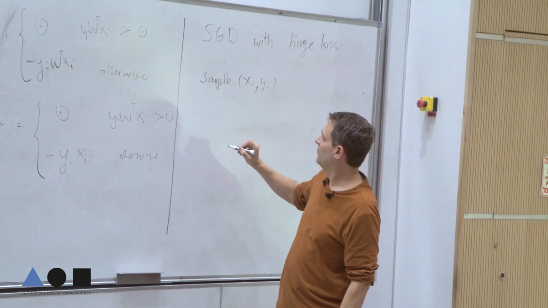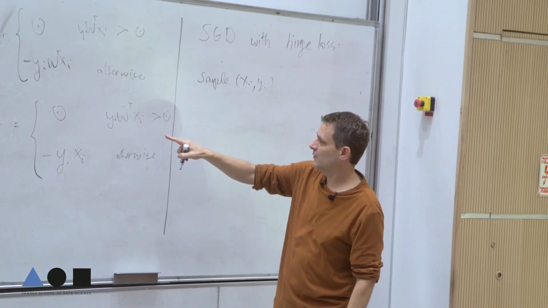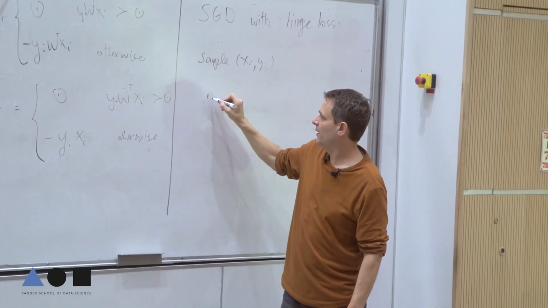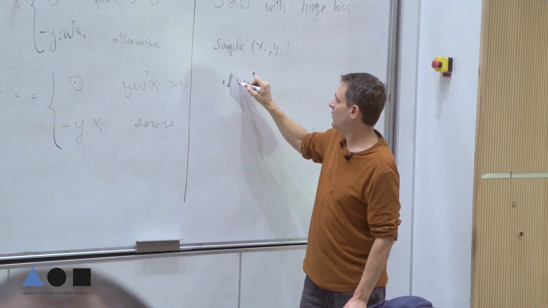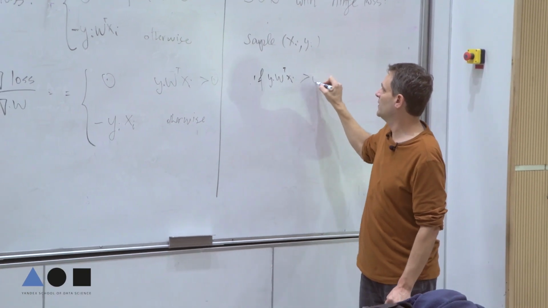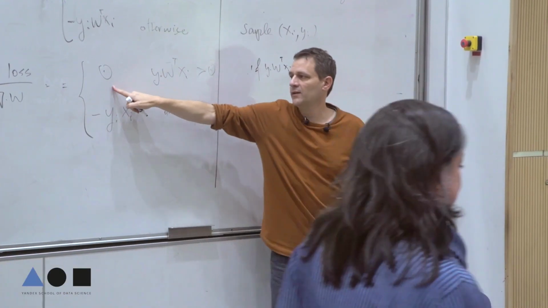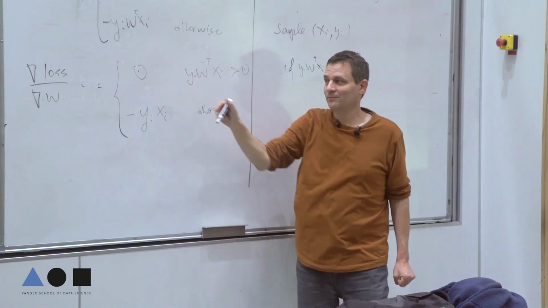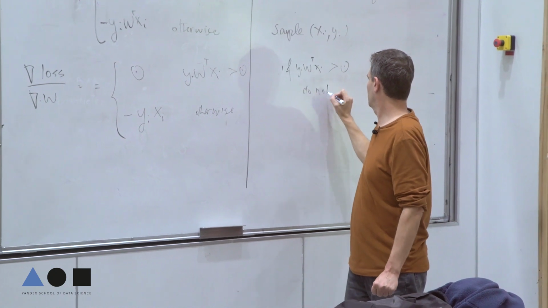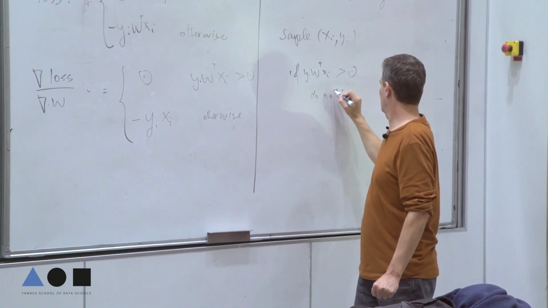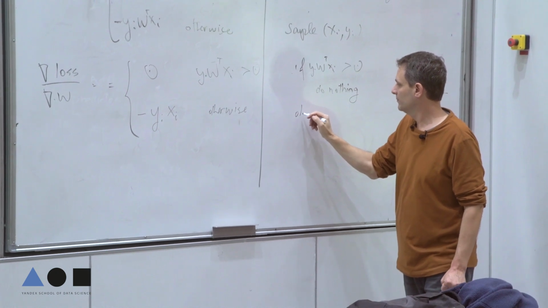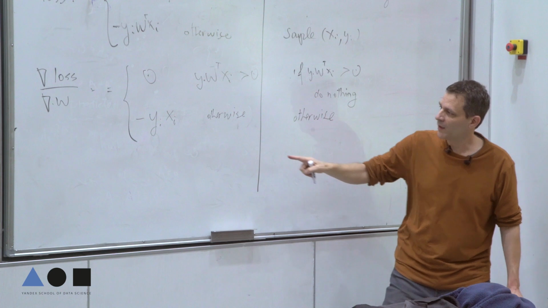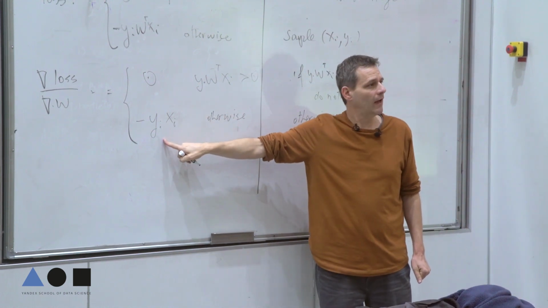So let's see, a gradient step. So basically we have, if yi w transpose xi is larger than 0, then we take this gradient step, which means do nothing, right? And otherwise, we need to take a gradient step that is minus that, right?